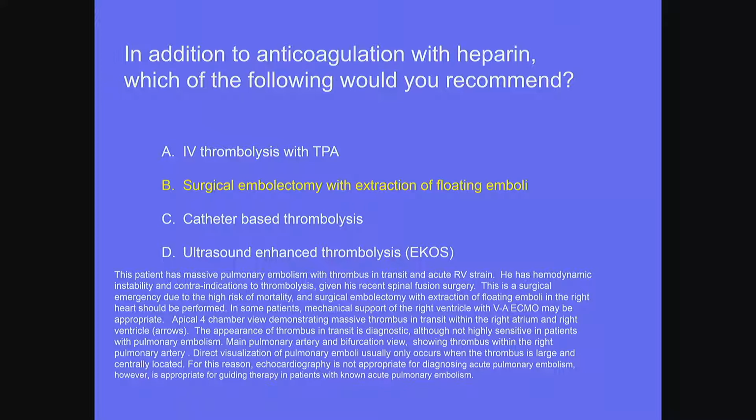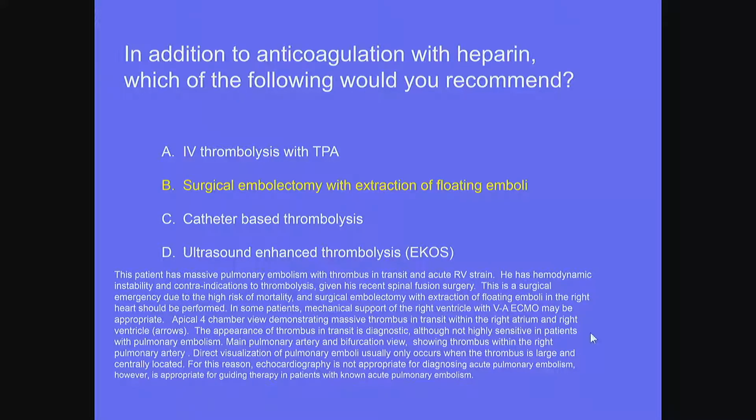The apical four-chamber view demonstrating massive thrombus in transit within the right atrium and right ventricle is shown in the arrows. The appearance of thrombus in transit is diagnostic, though not highly sensitive in patients with pulmonary embolism. The main pulmonary artery and bifurcation view shows thrombus within the right pulmonary artery.